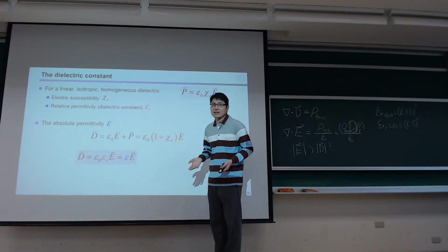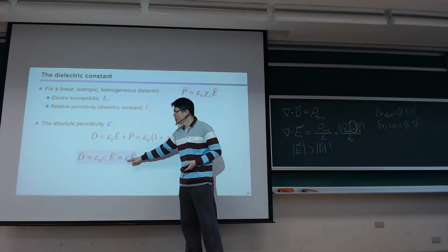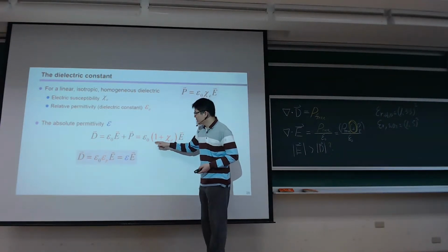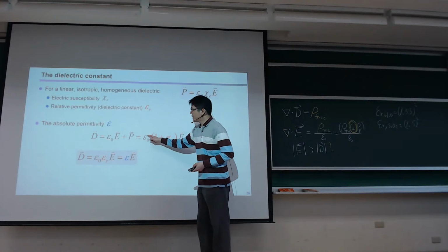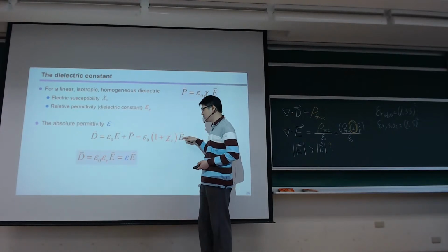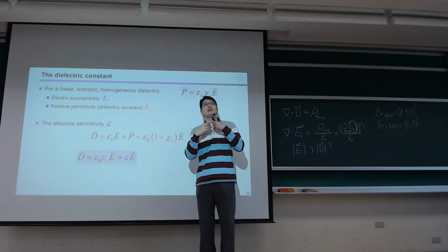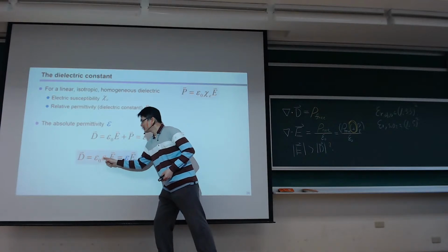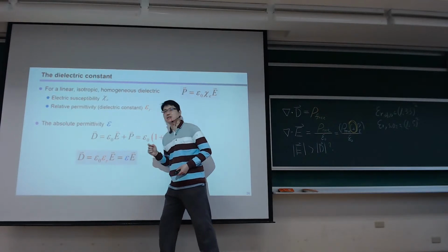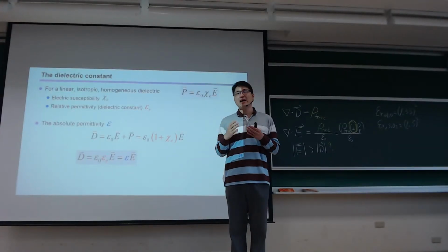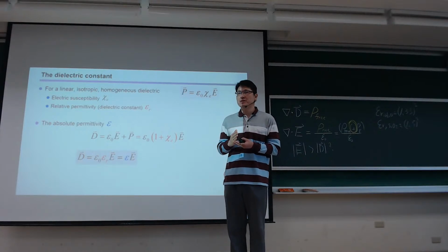So basically, D equals epsilon 0 times epsilon r, E, but sometimes you're even lazier than that. You combine epsilon 0 times epsilon r as one single variable, epsilon, and that single epsilon is called the absolute permittivity.